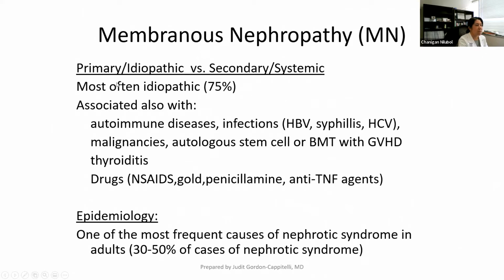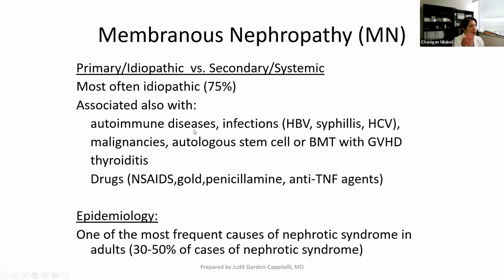So membranous nephropathy, again, can be primary, where it just happened, idiopathic, as we are naming it, primary membranous.